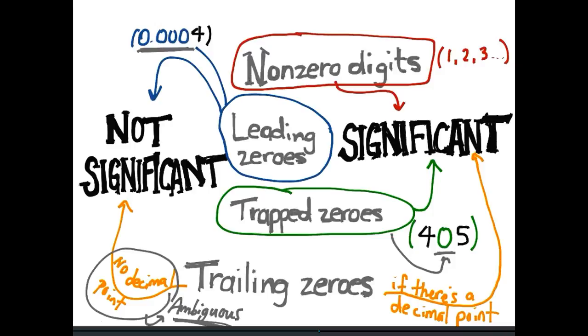describe trailing zeros with no decimal point, is that it's generally not a good idea to give a number like that. You know, when you say I walked 1,000 miles to see you, you probably didn't walk exactly 1,000 miles, but maybe your number's accurate to the nearest 10 miles or the nearest 100 miles.